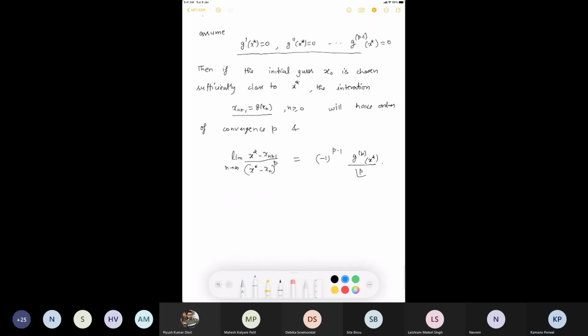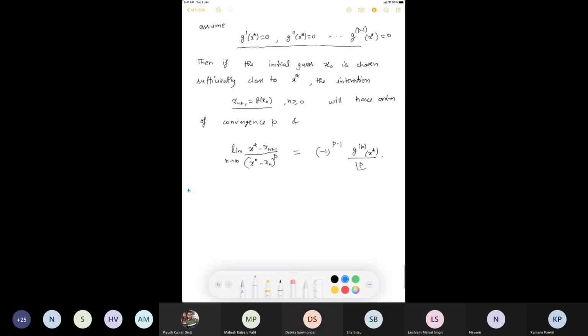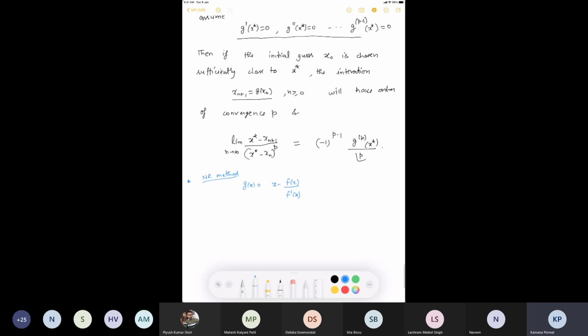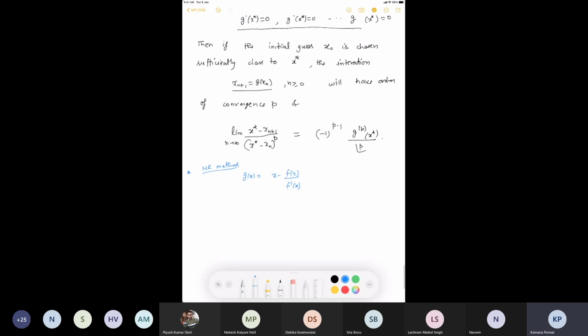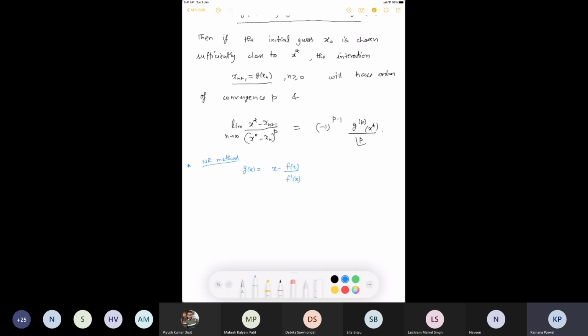So let's just try to observe. In the case of the Newton-Raphson method, we have G(x) is x minus f(x) divided by f prime of x, right? So now we just have to find what is happening with the G prime.